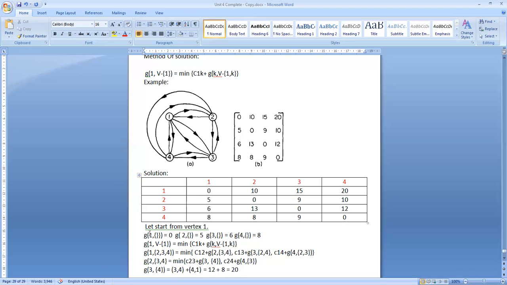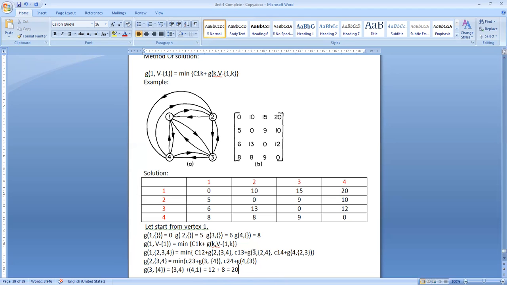So I have found G of 3 comma set 4 as 20. And what is C12? The value from vertex 1 to 2 is 10. So I supply this value here.